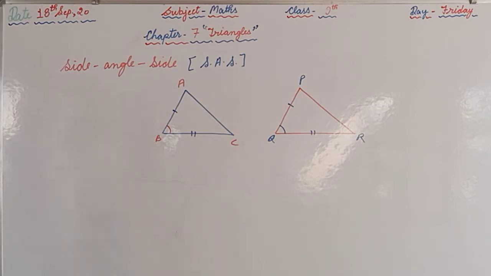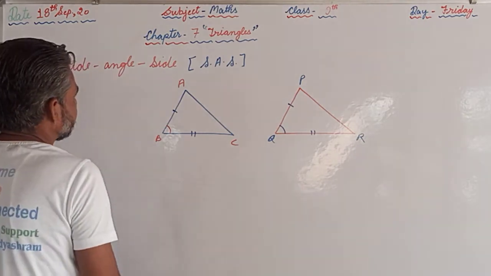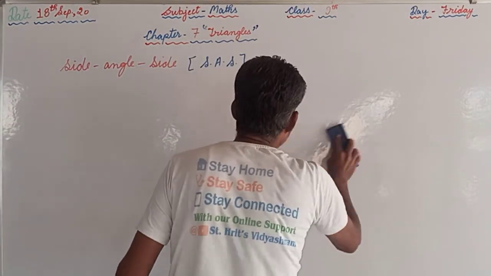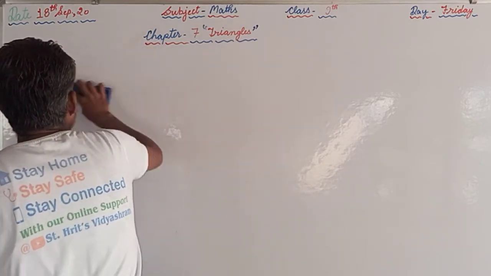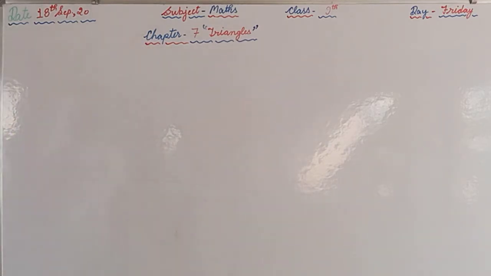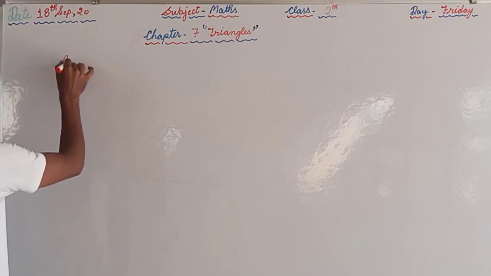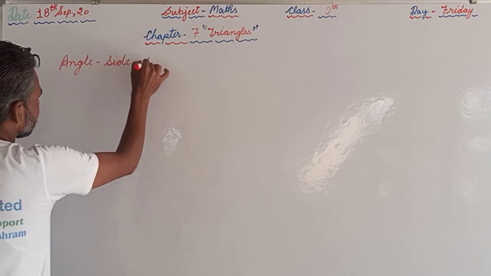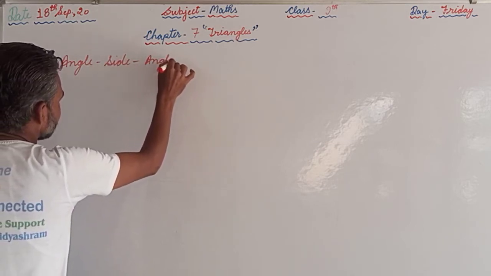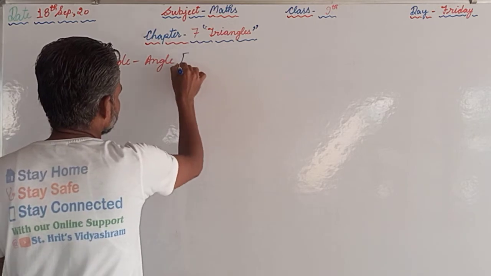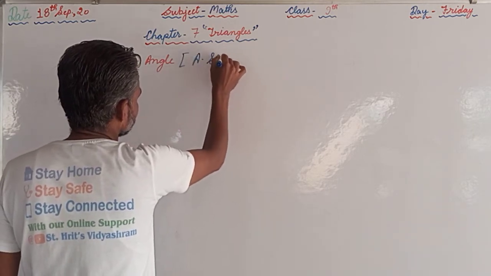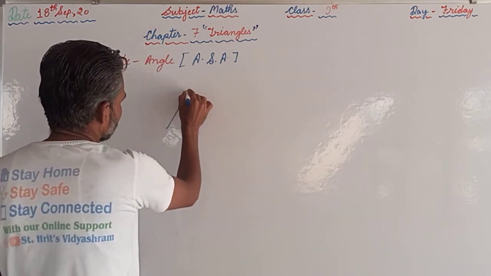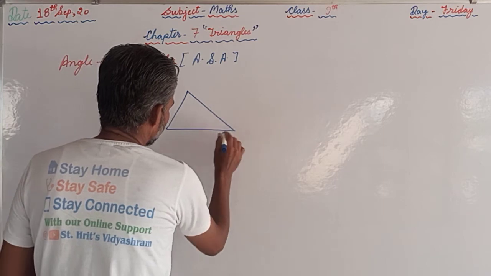Now afterwards, the angle side angle. Now again we can take two triangles.